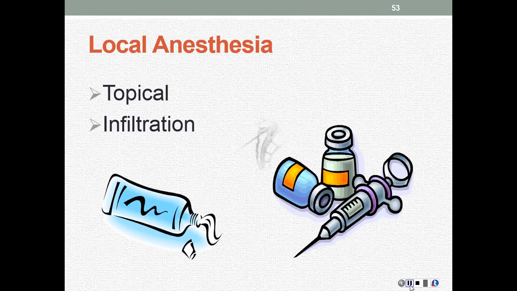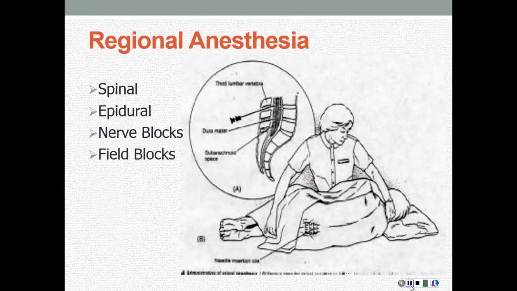Okay. All right, regional. These are some examples of a regional. This is where we're going to anesthetize a certain region of the body, a little bigger area than an infiltration. We're really blocking peripheral nerve conduction.